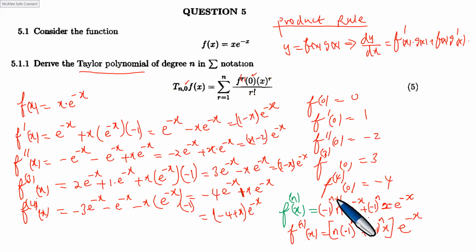Does it produce this? You check. You put 2 here, there's a 2 there, and there's minus 1. If it's 2 plus 1, it's cubed, so it's minus. Then you have minus 1 squared, which is plus. Then there's an x, there's e to the minus x. So yes, this is the correct general formula for the derivative.